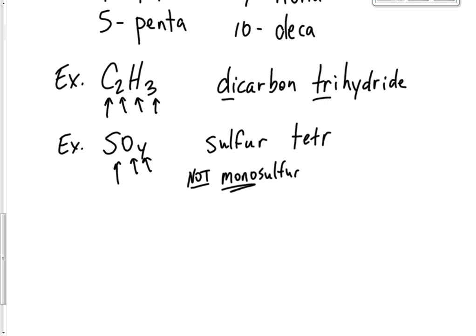So, tetroxide or tetraoxide, it really doesn't matter. Usually you don't put two vowels together. I don't care if you do that, as long as you know that oxygen is oxide and 4 is tetra.